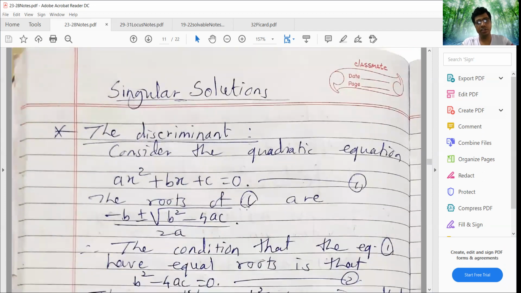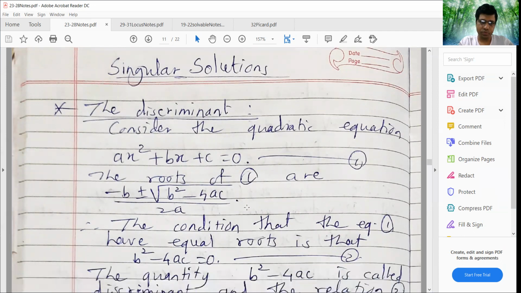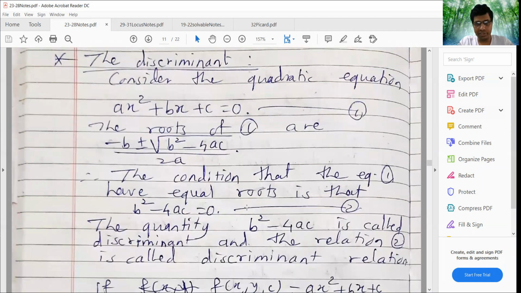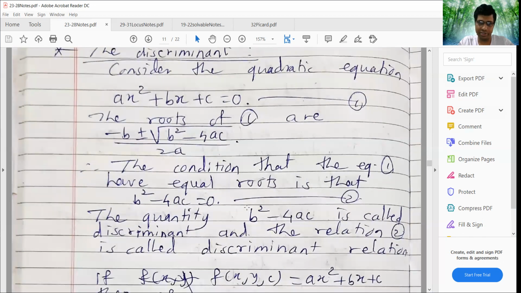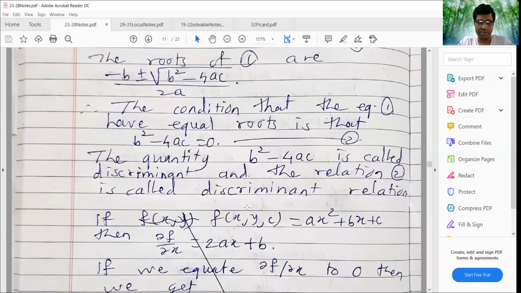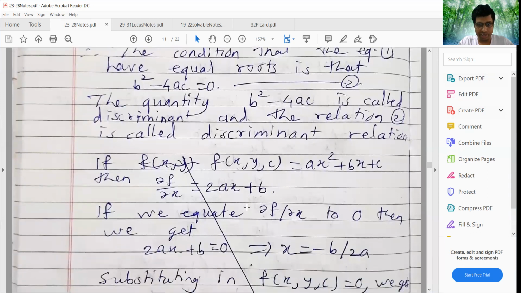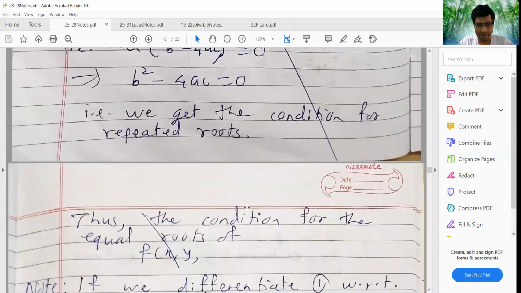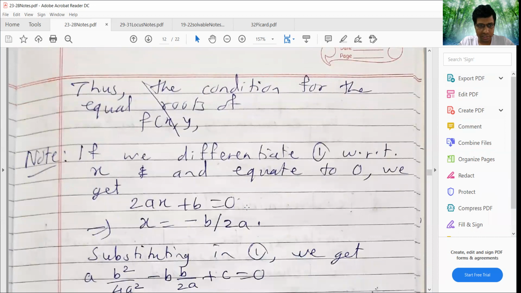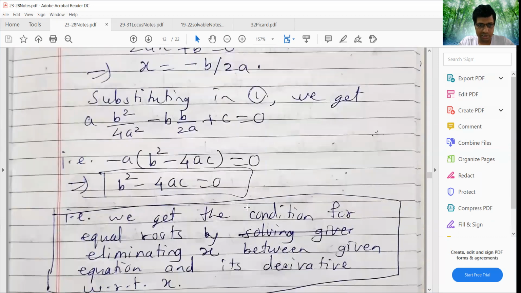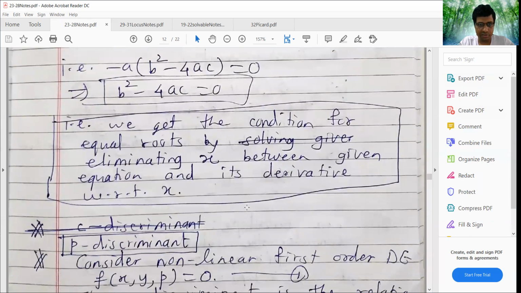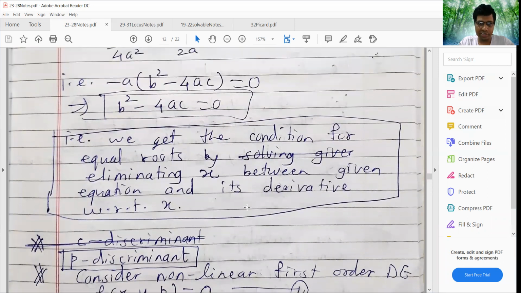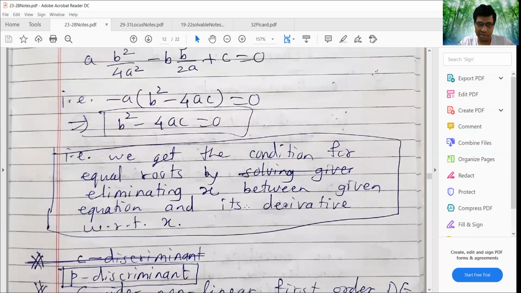Next part is singular solutions. This is an important part. We are familiar with the discriminant of quadratic equations. It is b square minus 4ac. When the discriminant is 0, the equation will have equal roots.